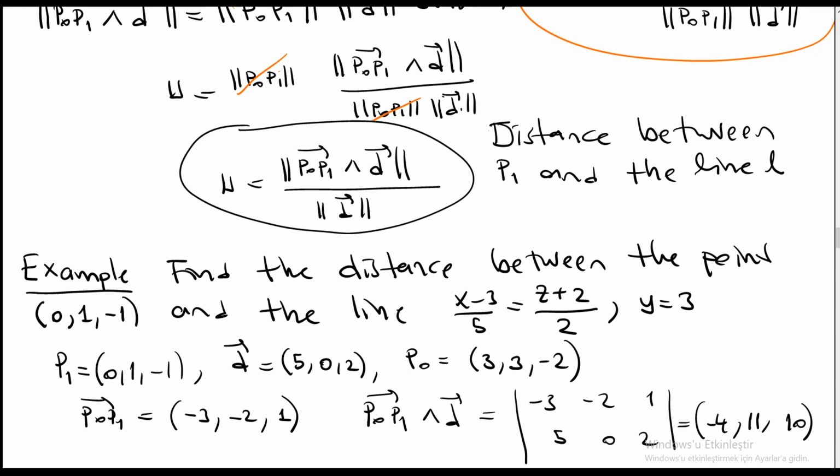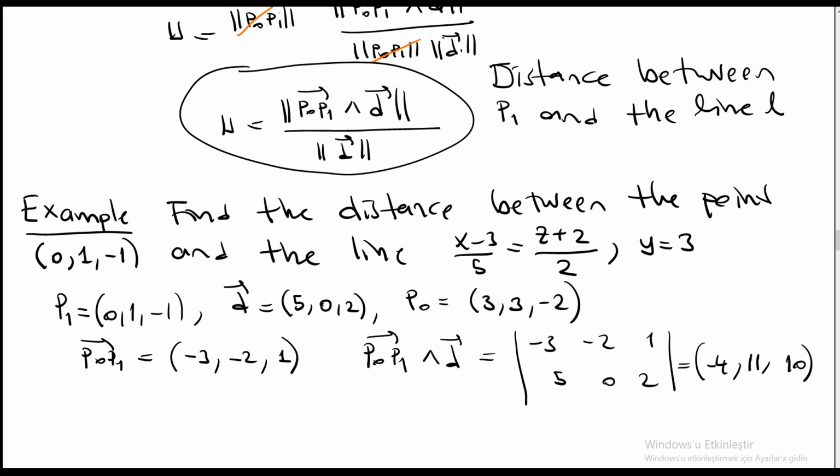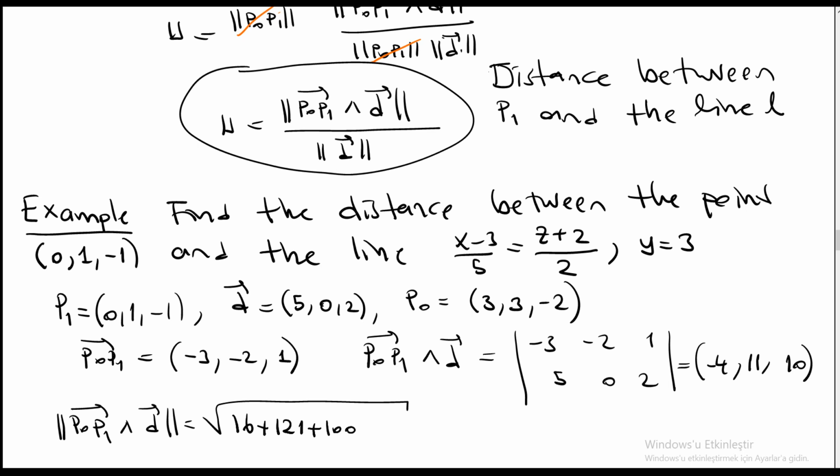So we have this one because we need the length. So the length P sub 0 P1 cross product D will be 16, 121 and 100. So it will be square root 237.